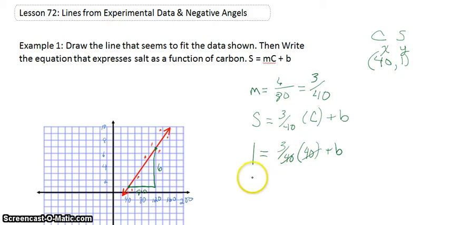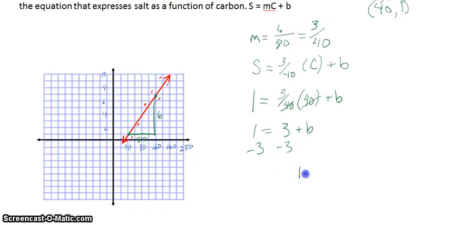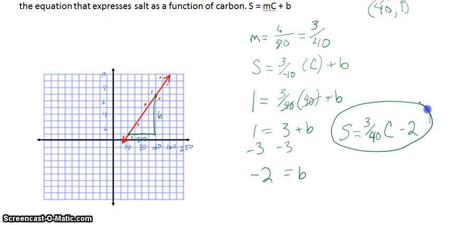So this is just 3, that's pretty nice. And subtract the 3. So B equals -2. So now I have S equals 3/40 C - 2. Okay, and then that's going to be the equation of my line for this data set.